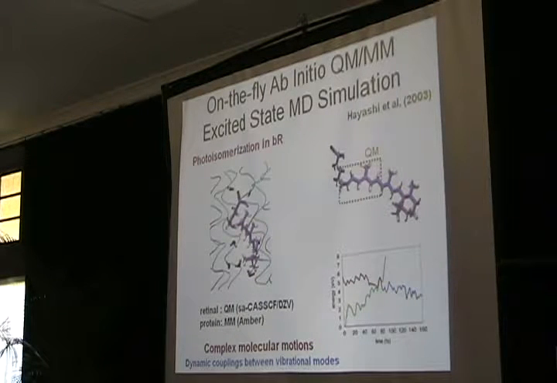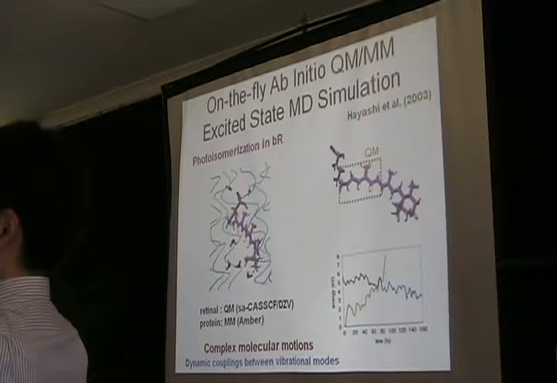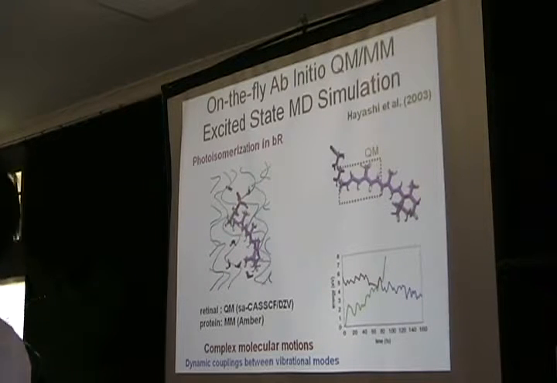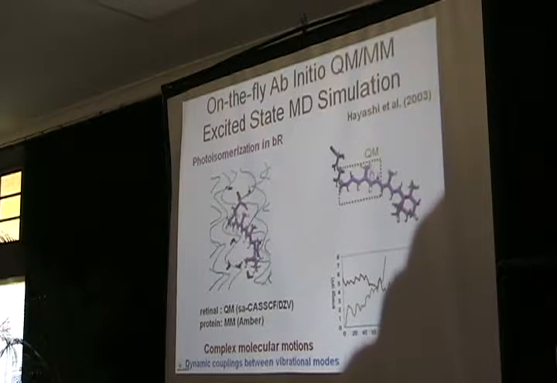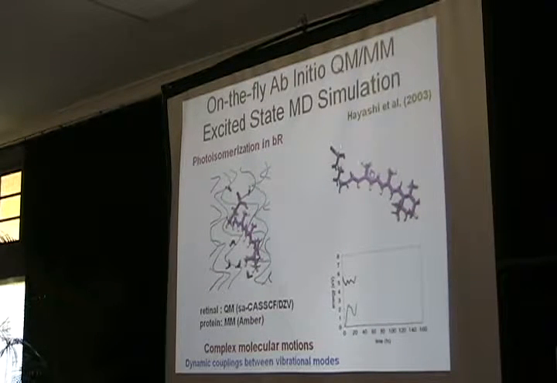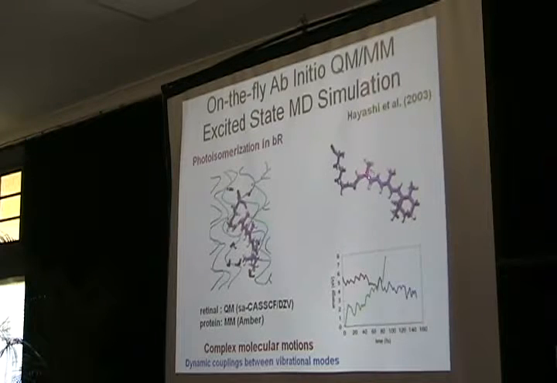The isomerization is not only rotation around the double bond, but it involves large distortion of the wagging mode or bending mode. I'm going to show you the same thing. We have rotation here, and also we can see a large out-of-plane motion here.